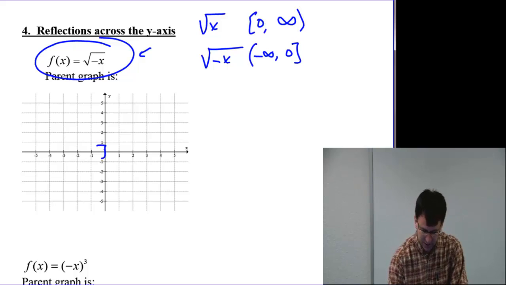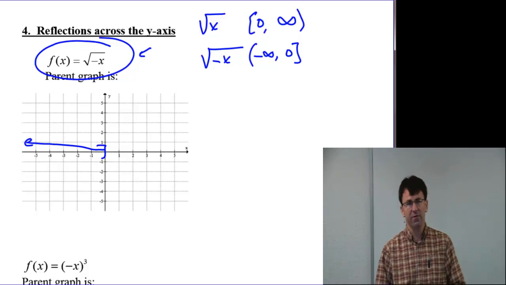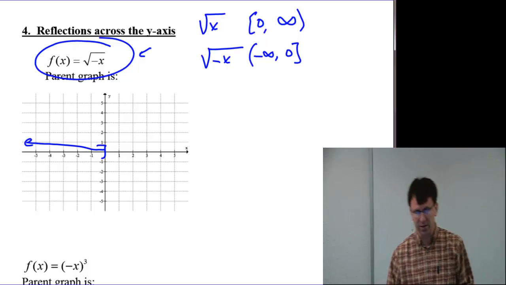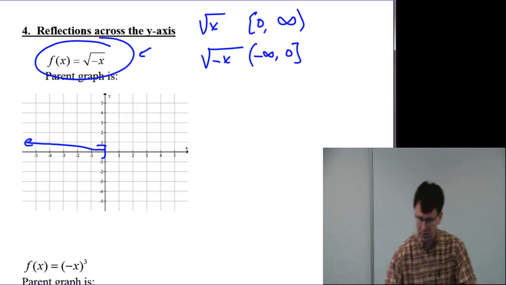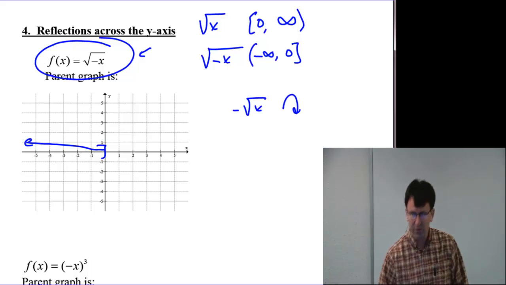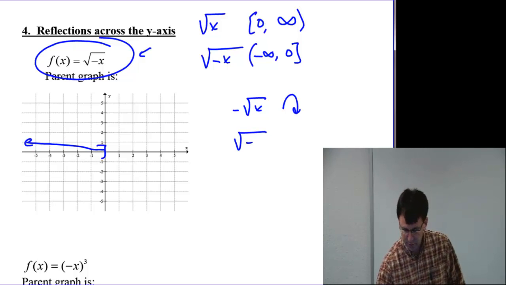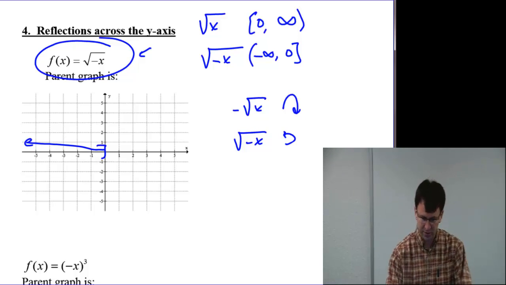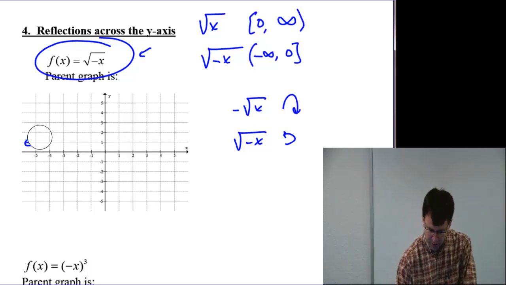So it kind of just turned the graph around the y-axis. Remember that the negative on the outside of the function, the negative square root of x, turned it over the x-axis, and if I put the negative on the inside, I'm going to rotate it around the y-axis. So I've turned my domain around.